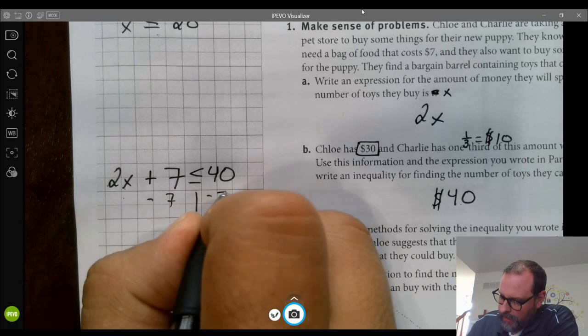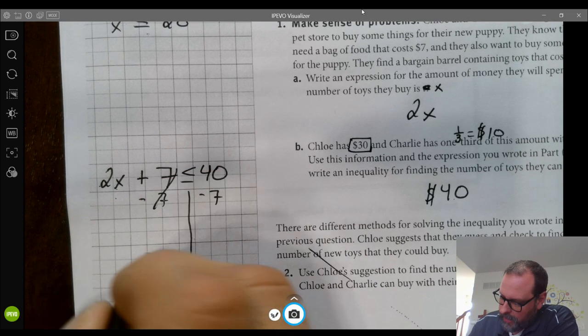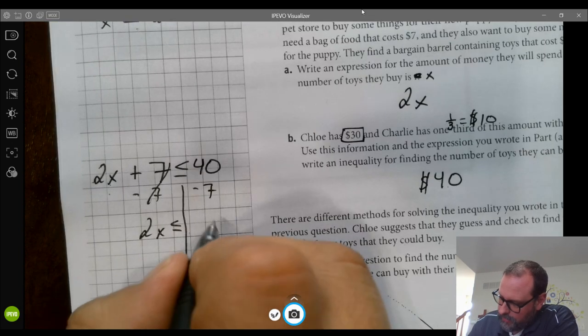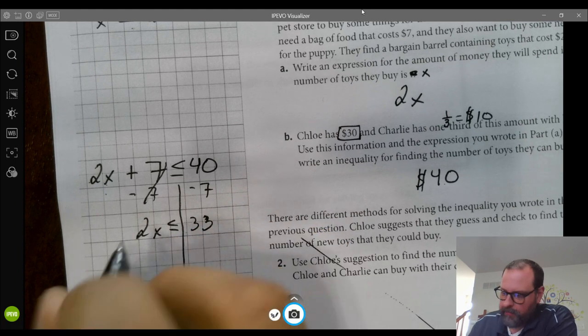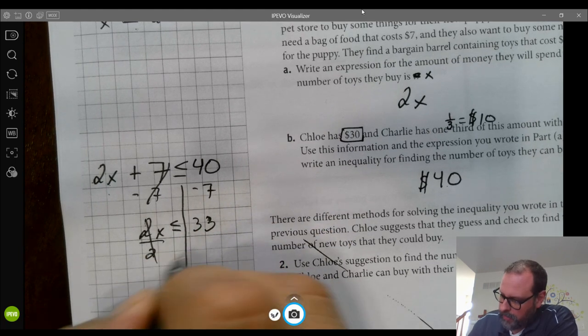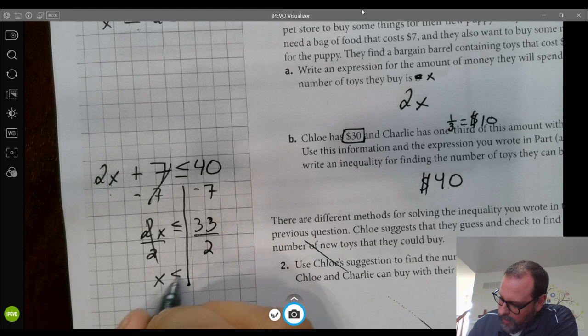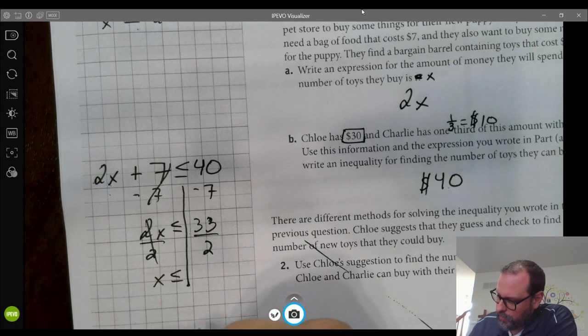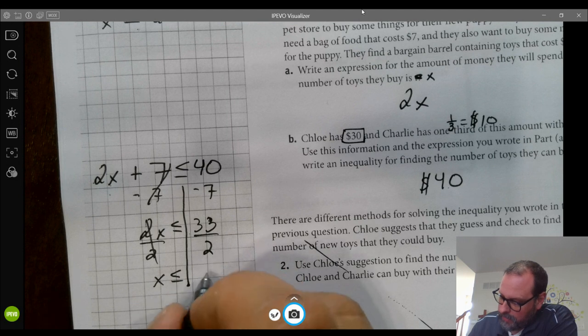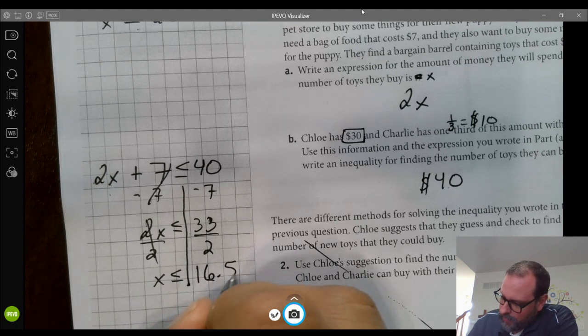But if I want to get x by itself, I subtract 7 from both sides. So I get 2x is less than or equal to 33. If I want to get x by itself, 2 and x are attached by multiplying, I divide. So x is less than or equal to 33 divided by 2 would be 16.5.